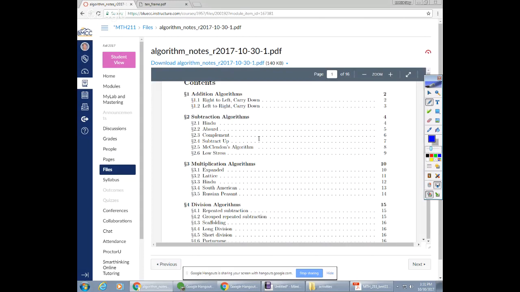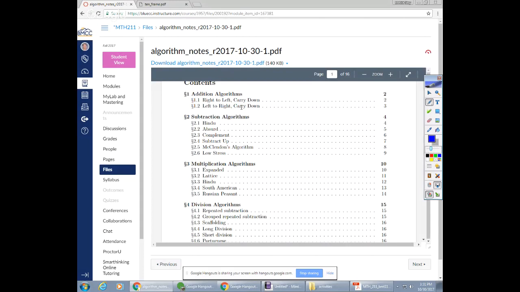For you guys, what I want you to do is, you all know how to use your standard algorithms. The point of the activities is to learn how to explain why they work the way they do. So for our standard algorithms, you need to show me with pictures why they work the way they do. The other algorithms here, you don't have to tell me why they work. You just have to be able to demonstrate that you can use them.